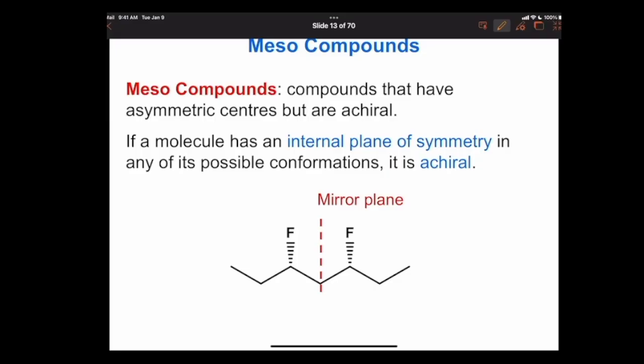If I were to simply rotate this bond, let me try to draw that. What I mean is, here, fluorine, and we're going to rotate this so this is up, which means it's going to look like this now.